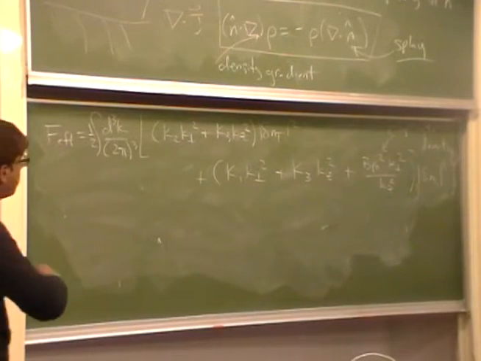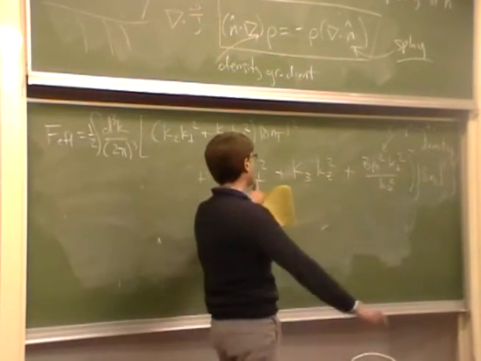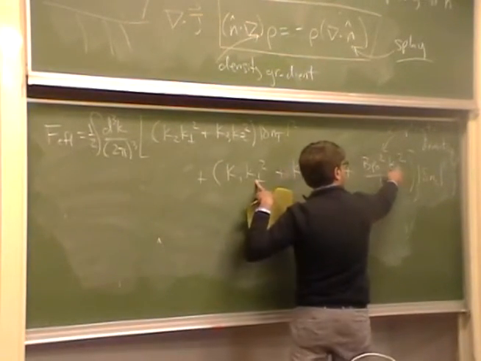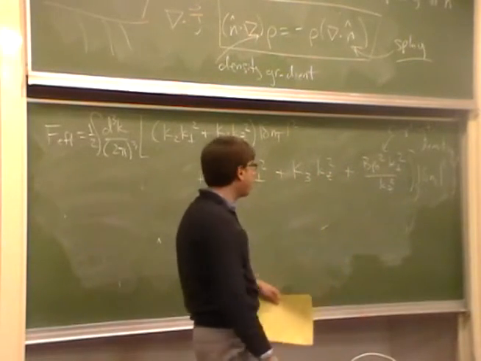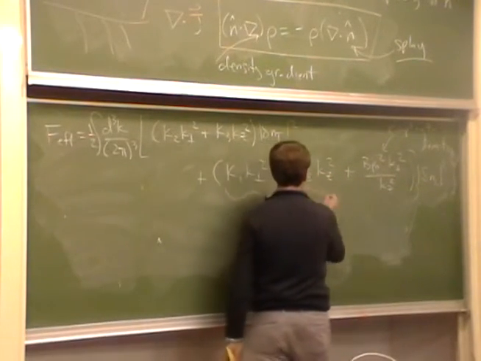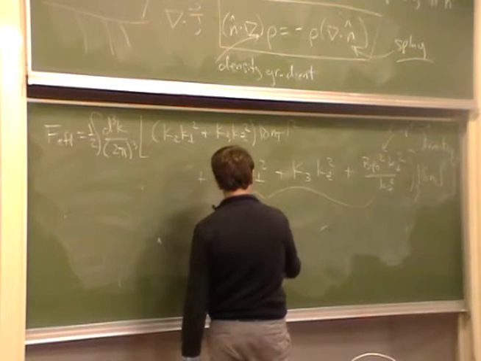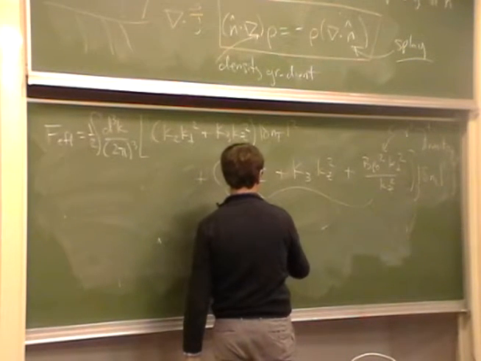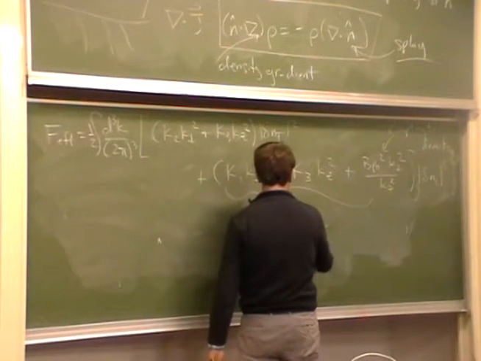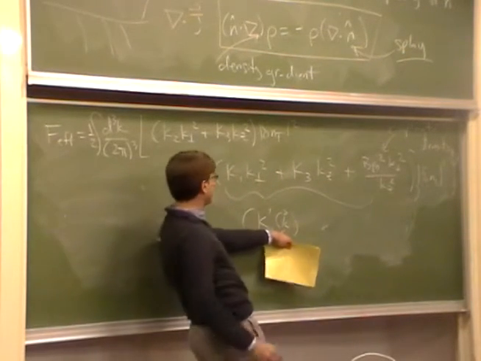So the very last step is going to notice that both of these terms are proportional to k perp squared, and so I'm going to do something clever. I'm going to define some new K1, I'll call it K1 prime, which is now a function of my wave vector k.